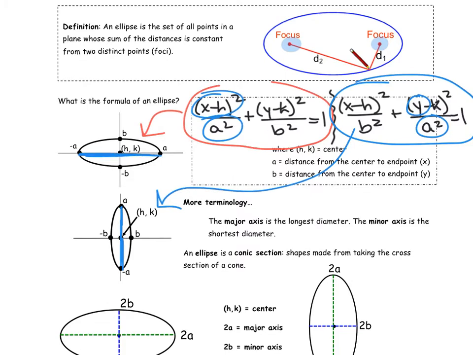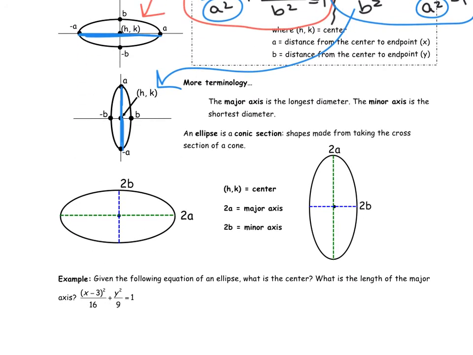Okay, so I actually do want to talk about this little portion right here, that an ellipse is a conic section, with shapes made from taking the cross section of a cone. So if I were to sketch out a cone like this, one of the cross-sectional pieces, if I were to look at something like this, do you see how that is part of the cross-sectional area of a cone? So I can actually draw an ellipse, and I can draw more than just one ellipse.